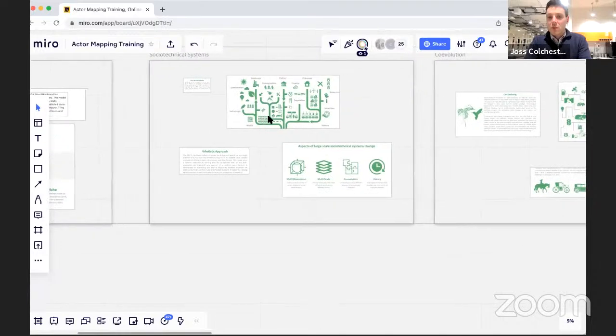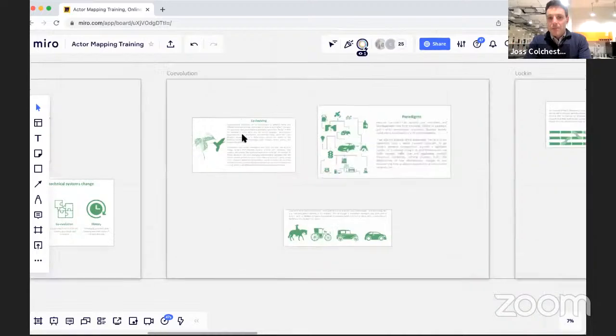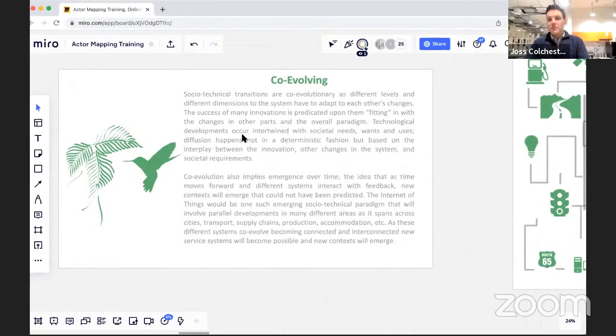Okay, so the first one here is coevolution. Maybe you've heard of this term, maybe not. Socio-technical system transitions are coevolutionary, as different levels and different dimensions of the system have to adapt to each other's changes. The success of many innovations is predicated upon them fitting in with the changes in other parts and the overall paradigm.